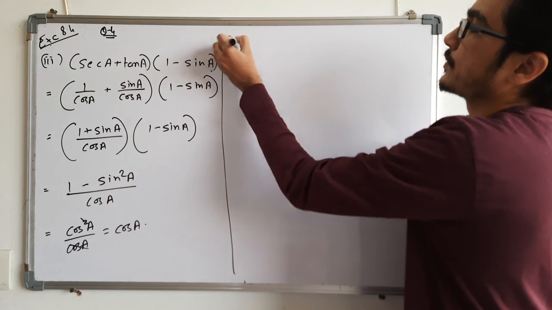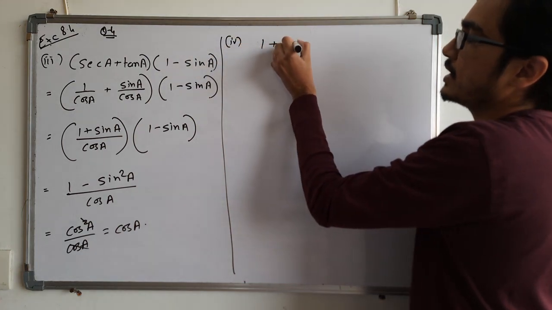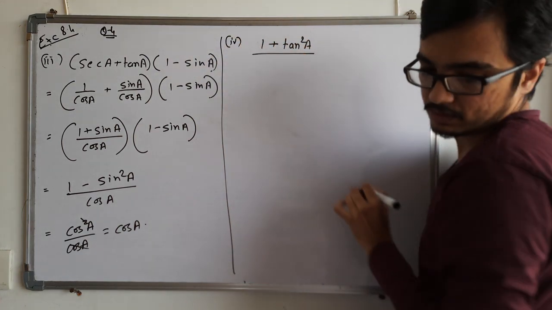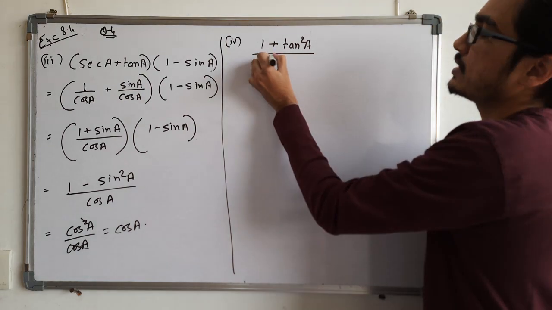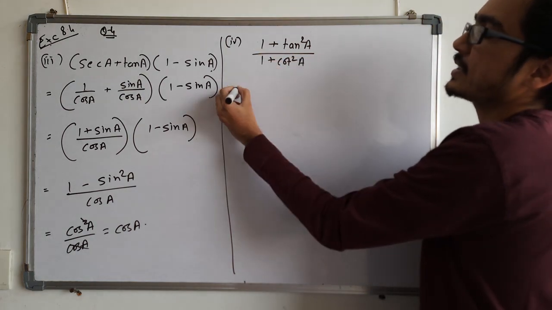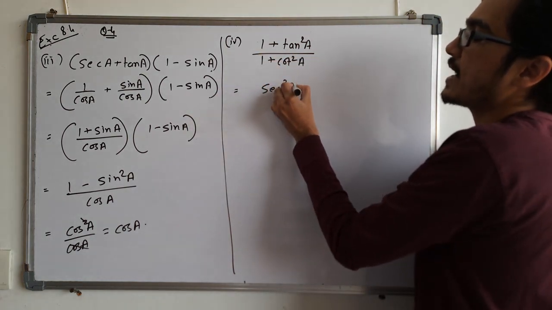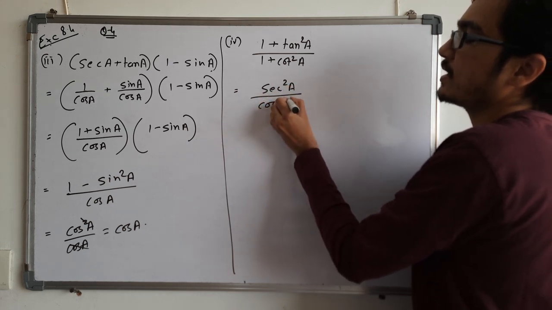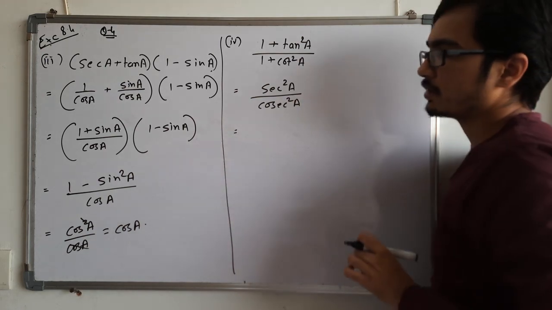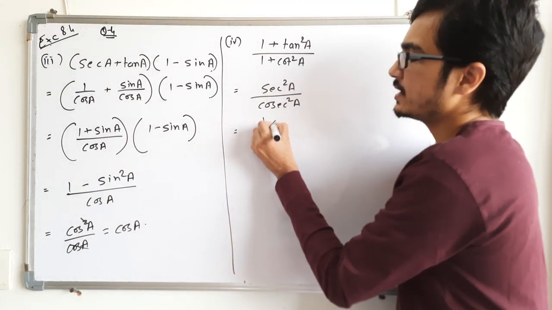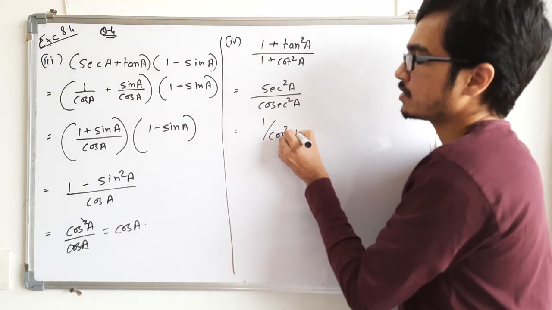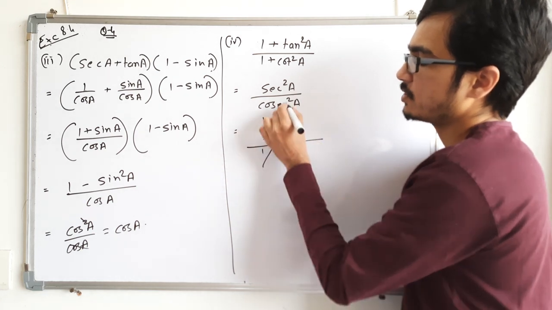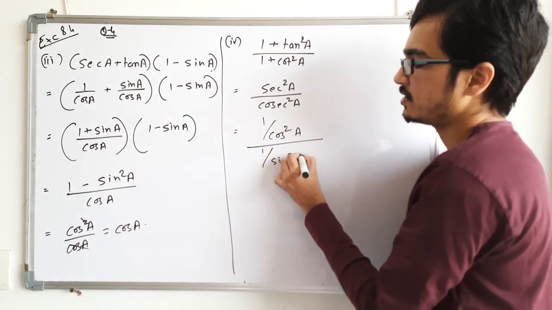Fourth one: 1 plus tan square A upon 1 plus cot square A. Very easy. 1 plus tan square A, as per the identity, is sec square A. 1 plus cot square A is cosec square A. Then sec square is 1 upon cos square and cosec square is 1 upon sin square.